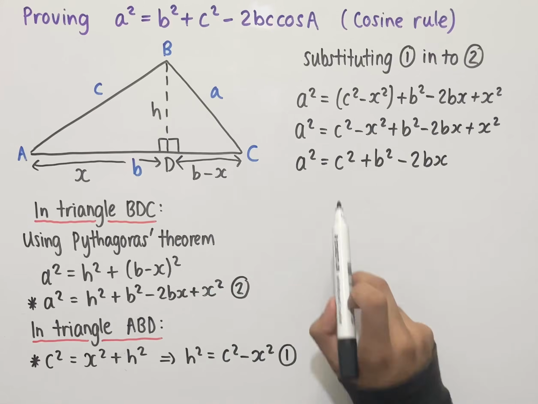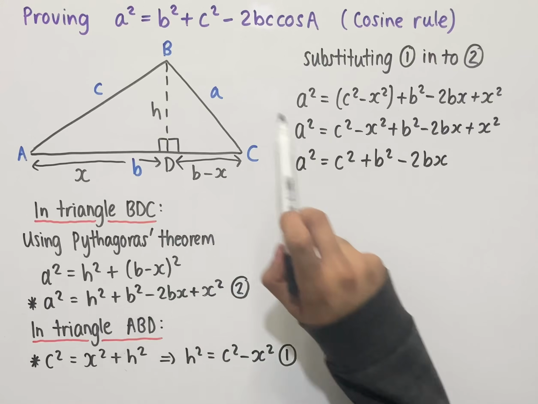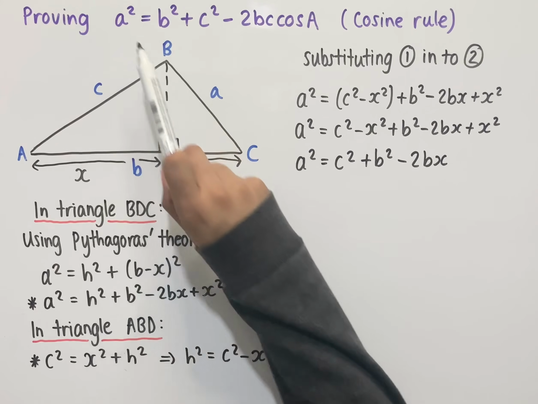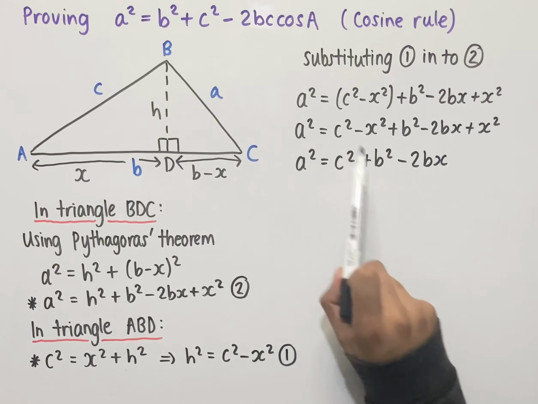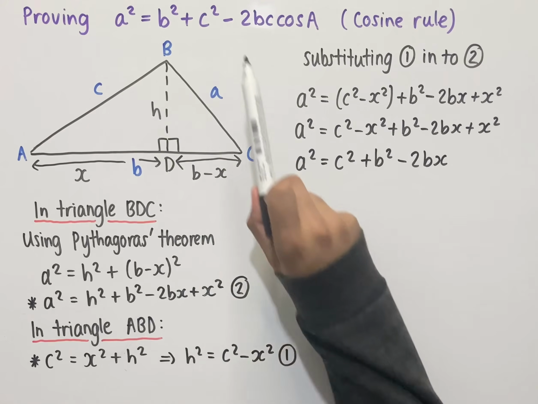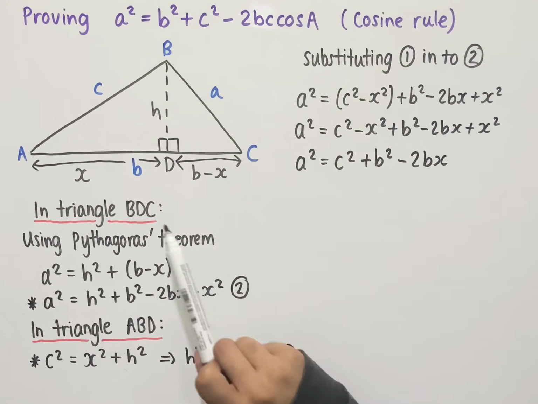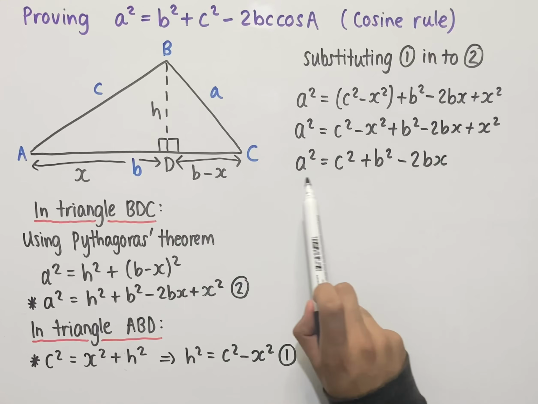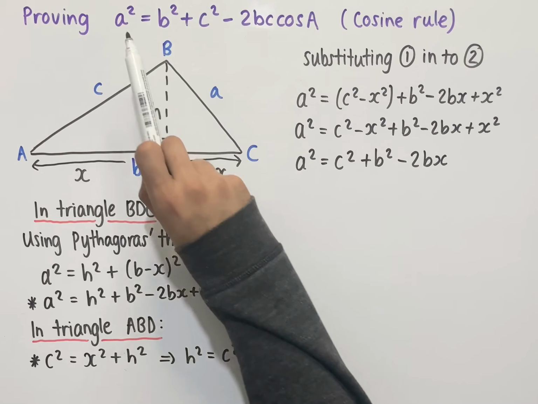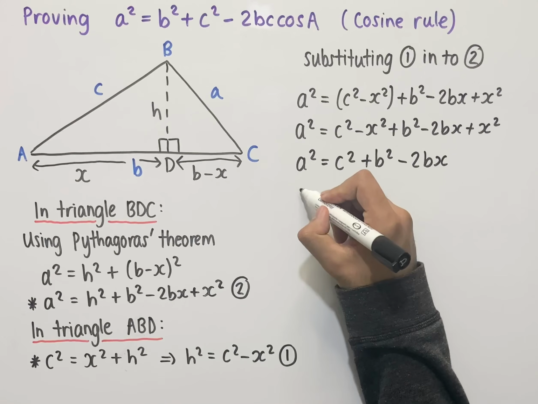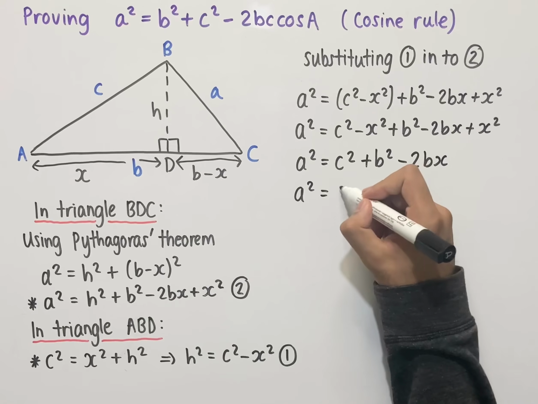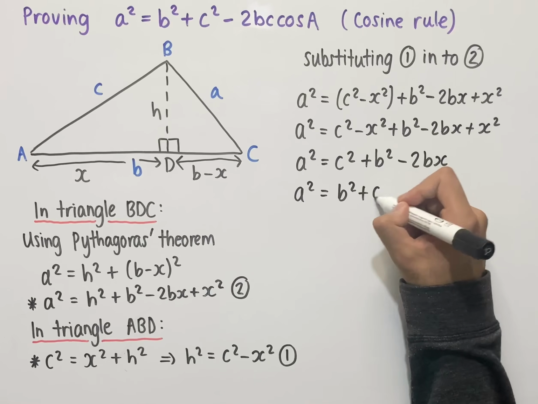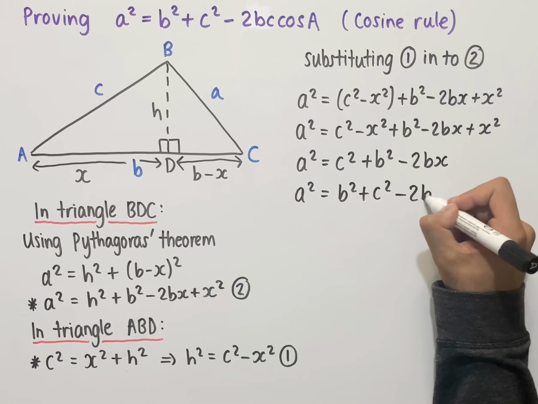Again, comparing what we have so far with the cosine rule, we see that we've got a squared, b squared, c squared, and we've almost got minus 2bc cos a. Instead, we've got minus 2bx. Let's rearrange this so that the terms are in order of the cosine rule. So we have a squared equals b squared plus c squared minus 2bx.